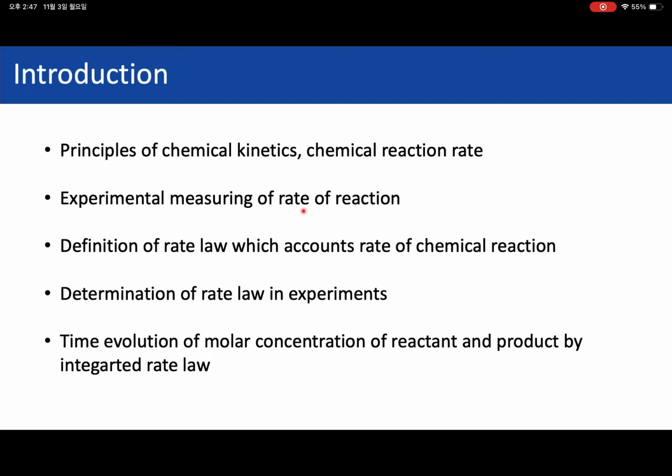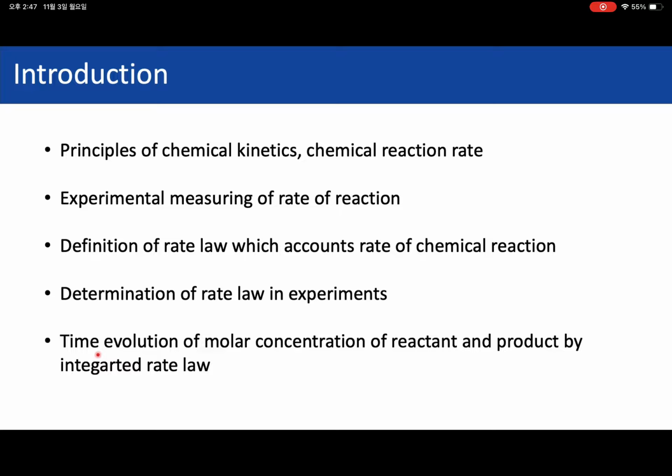in gas phase or in liquid phase. And then I will introduce the definition of rate law, which can account for the rate of chemical reaction. Then you will learn how we can determine this rate law in experiment, and eventually we want to see how this reaction rate evolves over some time scale.